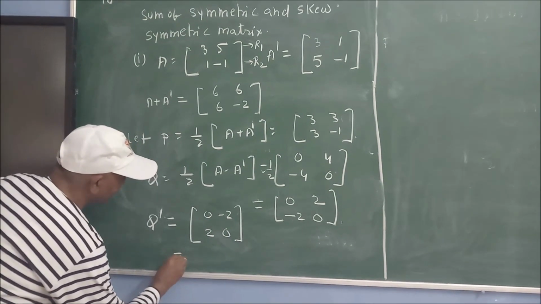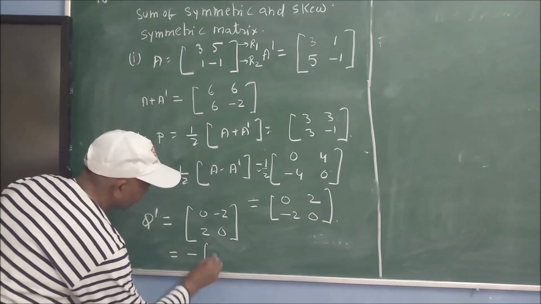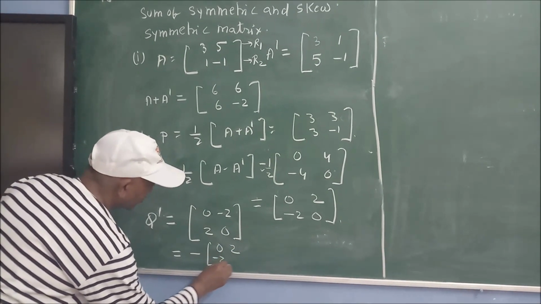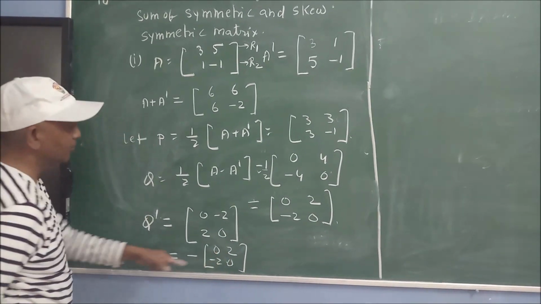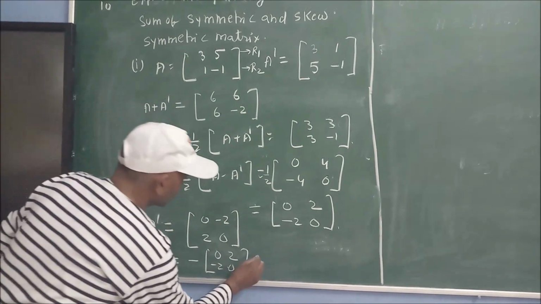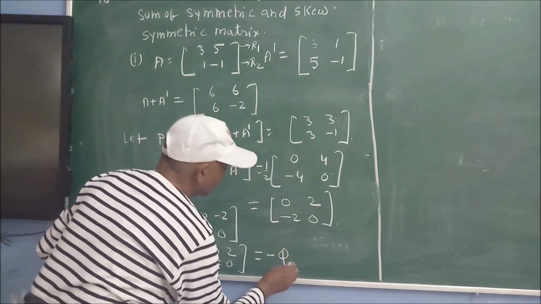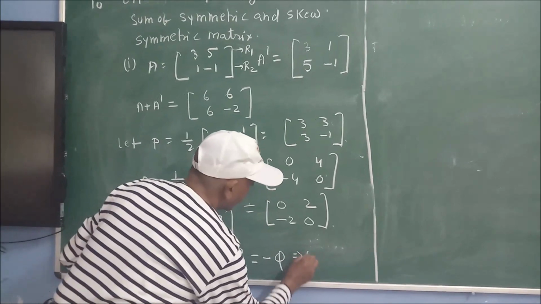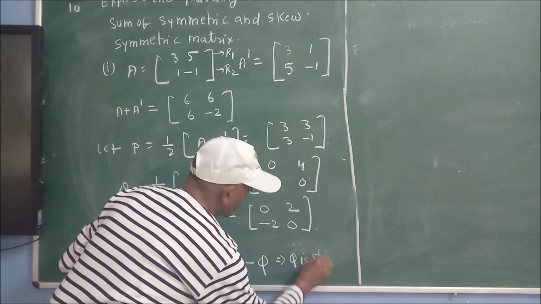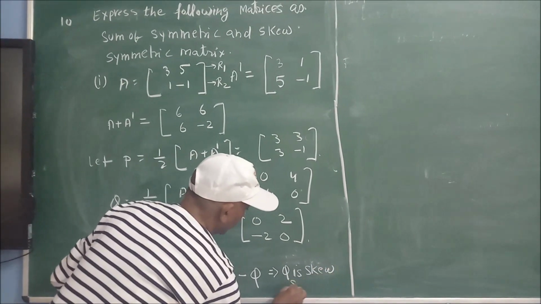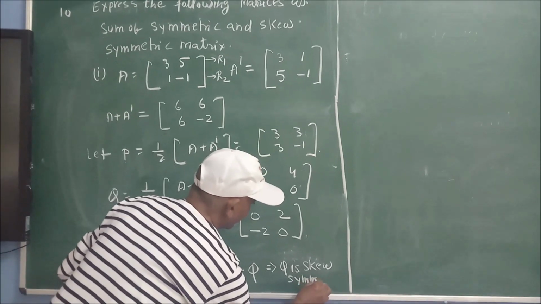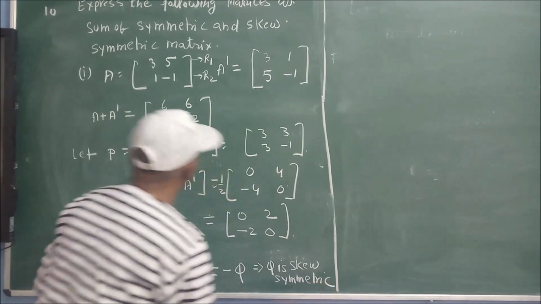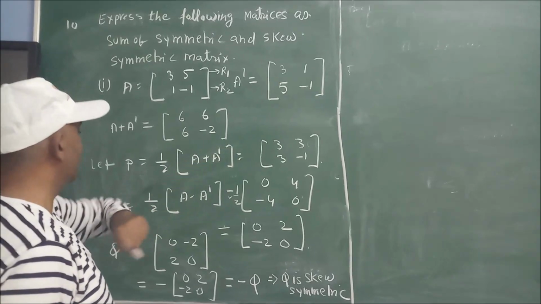See, if you take minus as common, this becomes 0, 2, minus 2, 0. This is nothing but equal to minus Q. So this implies Q is skew symmetric.